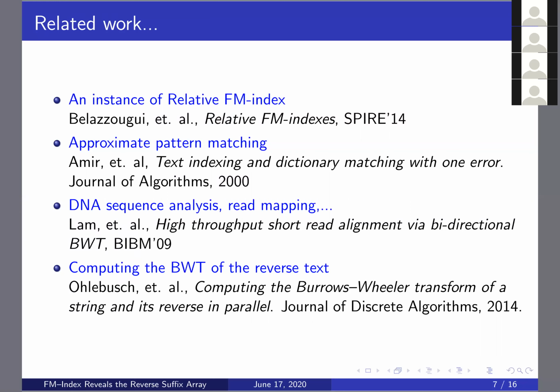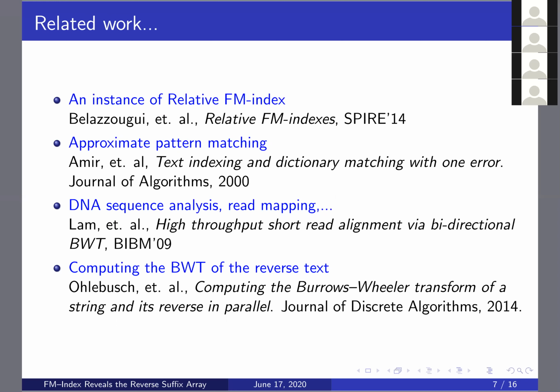And actually what we are doing here is a relative FM index, but the second text is totally the reverse of the previous one. We know that searching text from both directions has applications in approximate pattern matching, but maybe the most important application area that motivated us to focus on this problem originates from DNA sequences.